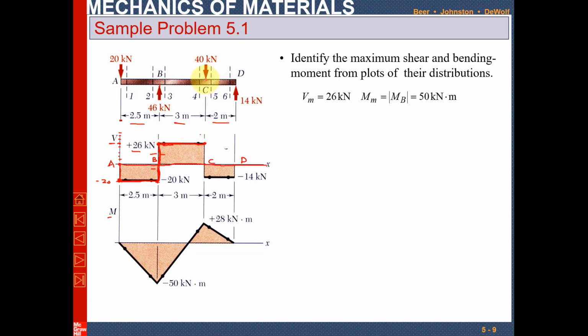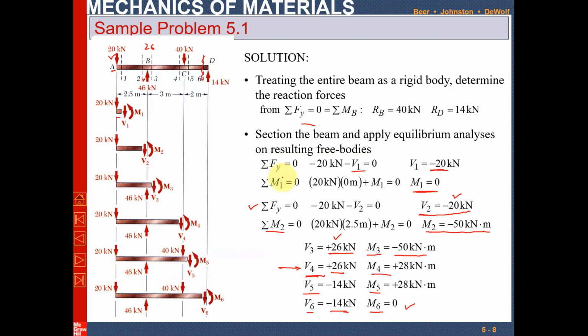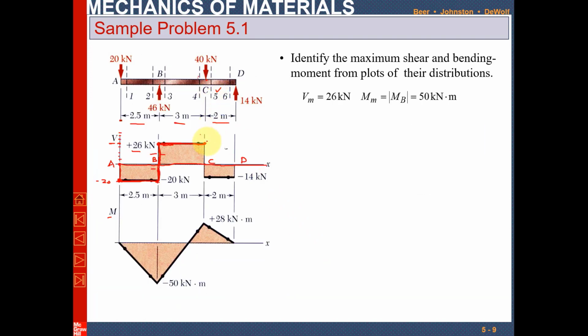Now at point C, you can see the left side as well as the right side. On the left side it was 26, and now we will see the shear force at point 5. The shear force at point 5 is now minus 14 kilonewton. Clear? So from this point you have to go to minus 14. This is minus 20, so minus 14 will be somewhere here.